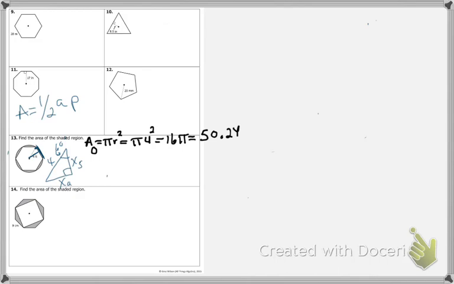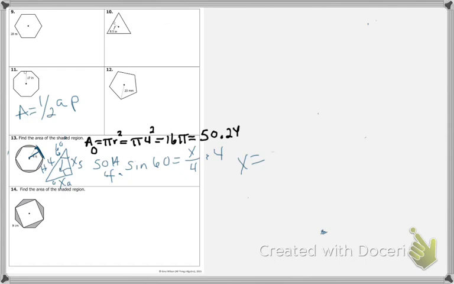Alright, so let's find the apothem first. This is the cross, opposite. This is the hypotenuse. So we're going to use sine of 60 is opposite over hypotenuse. If I'm going to solve this, I'm going to multiply both sides times 4.